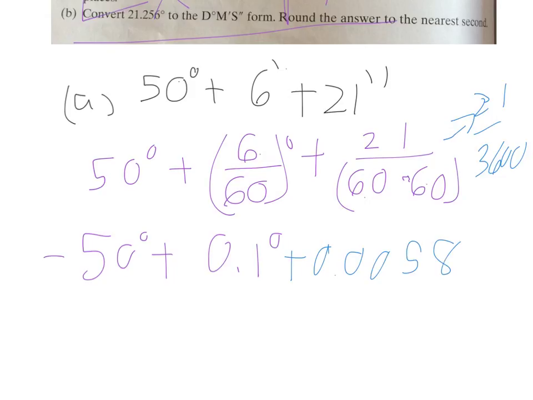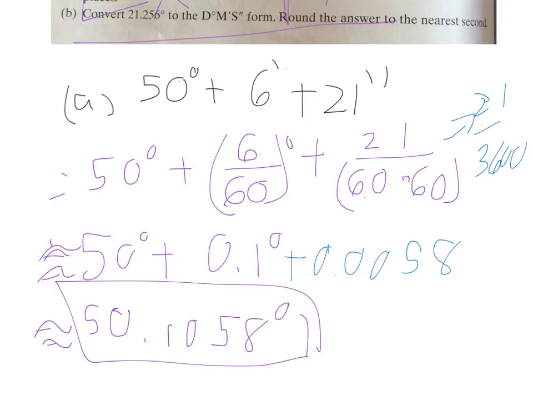So if you want to add all this up, that would be an approximation as well because we rounded the 21 over 3600. It would be approximately 50.1058 degrees.